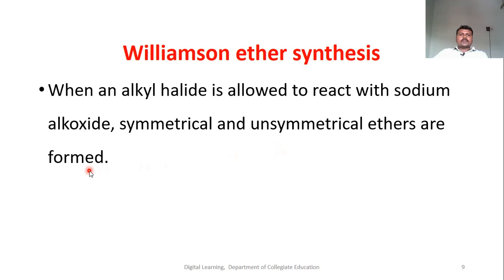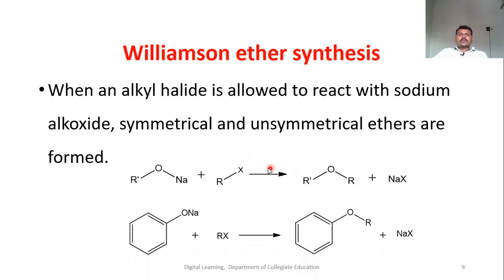This can be represented as a general equation: RONa, that is sodium alkoxide, reacts with RX, that is alkyl halide, to give ethers. Aromatic ethers can also be synthesized by Williamson ether synthesis. Sodium phenoxide reacts with an alkyl halide to give aromatic ethers.